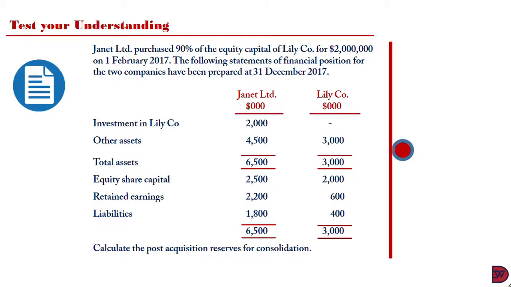Let's test our understanding again. Janet Limited purchased 90% of the equity capital of Lily Co. for $2 million on 1st February 2017. The following statements of financial position for the two companies have been prepared at 31st December 2017. So we have the account for Janet and that of Lily. The concern here will be the retained earnings of Lily.